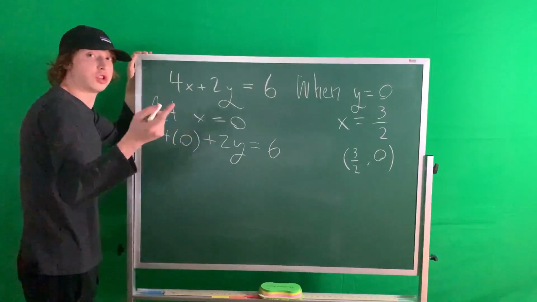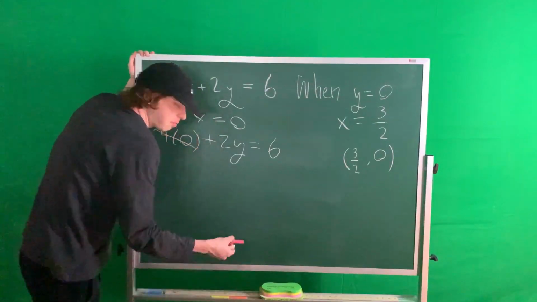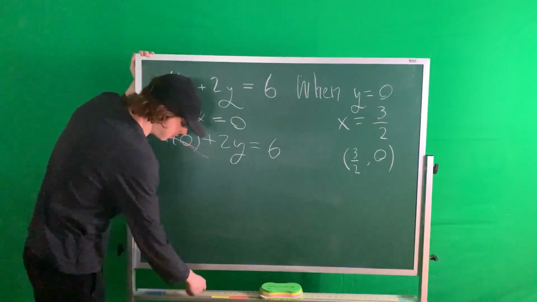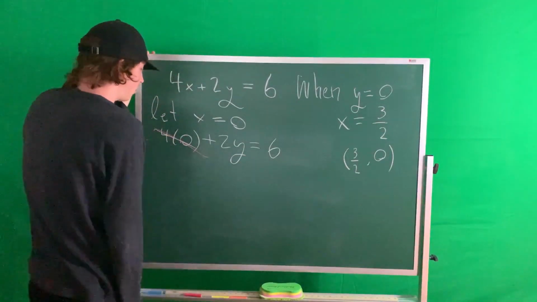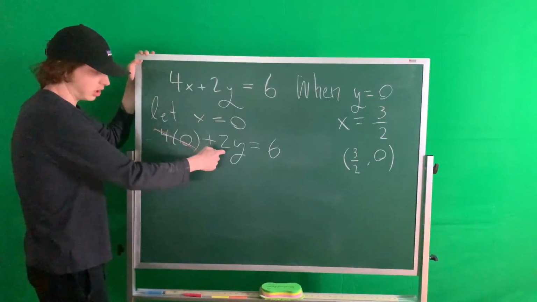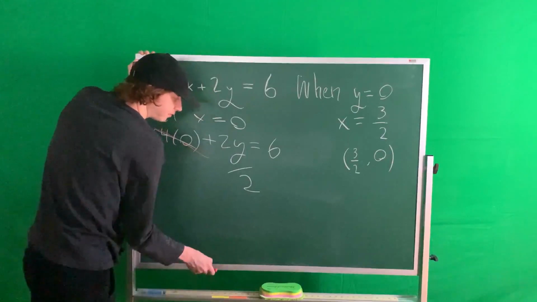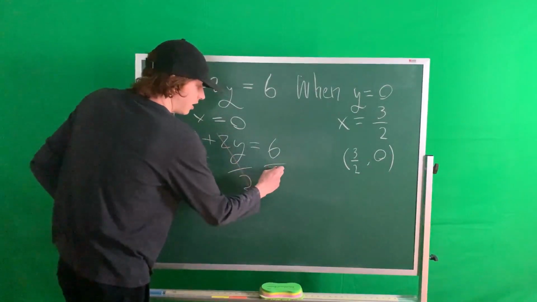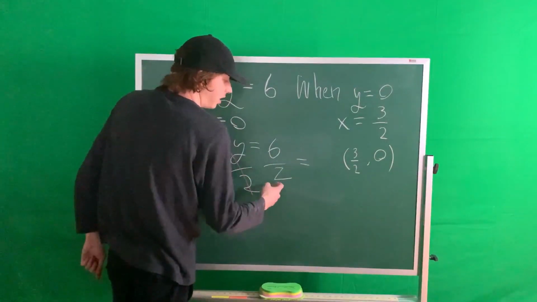Well, 4 times 0 is just 0. And then we're left with 2y is equal to 6, right? This is gone. We're looking at 2y is equal to 6. We can simply divide by 2. Now 6 divided by 2, as you all should know by now, is 3.